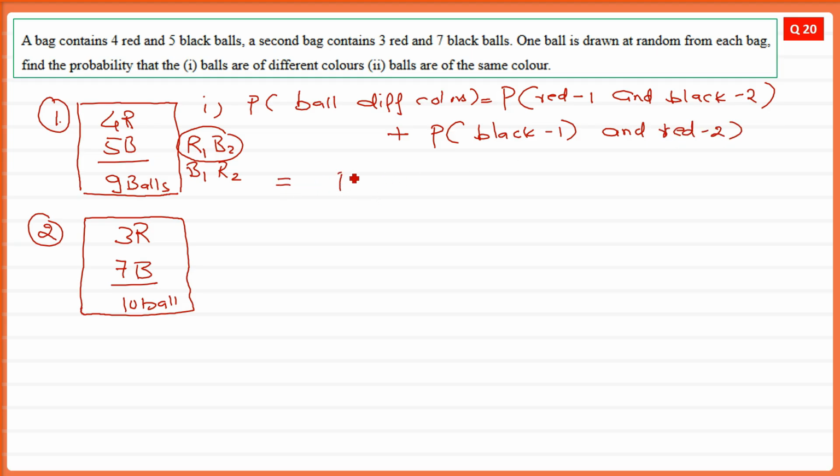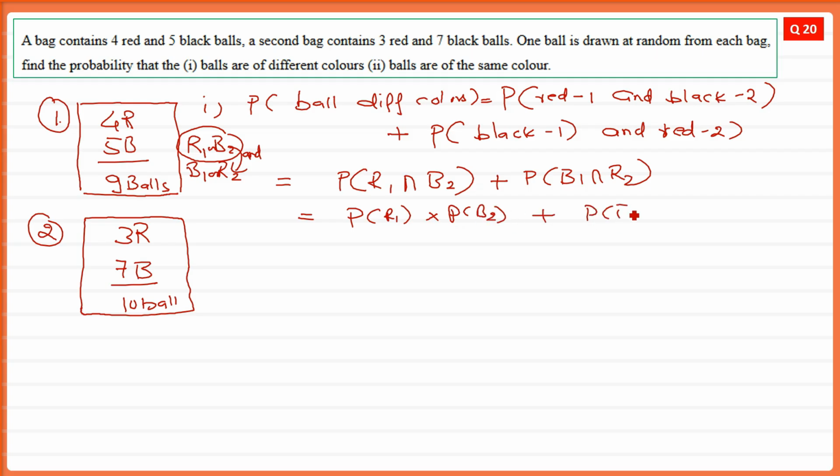So I am going to write this as P of (R1 and B2) or (B1 and R2), and then we have to OR them. R1 intersection B2 is the probability of the first one, then the probability of B1 intersection R2. Because these are independent events, we can write it as P(R1) multiplied by P(B2), and this one also P(B1) multiplied by P(R2).